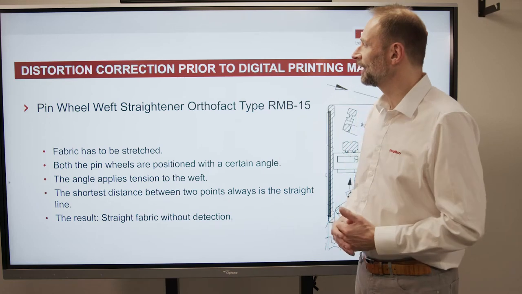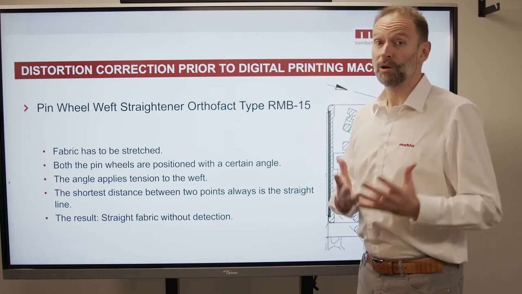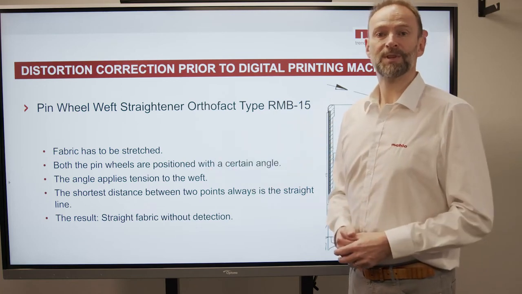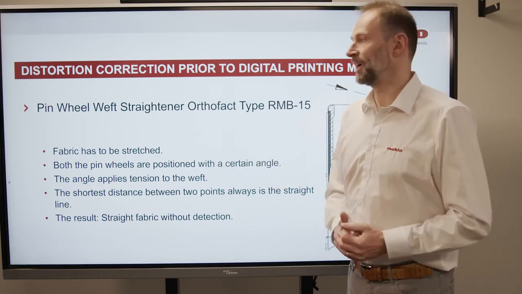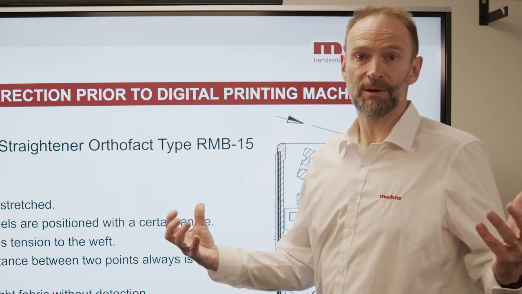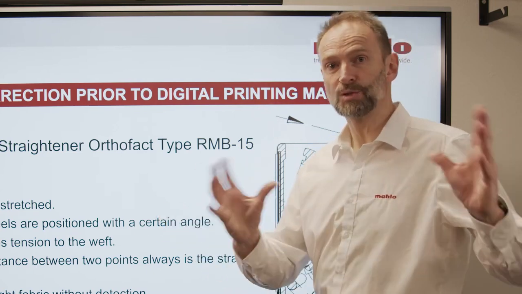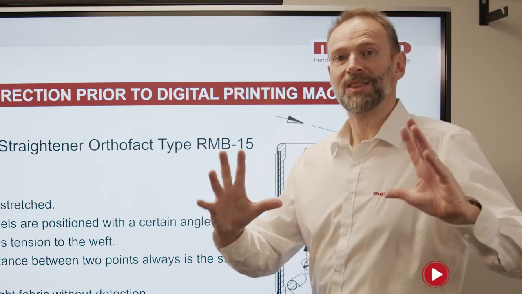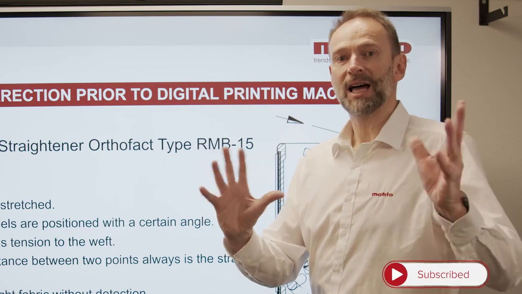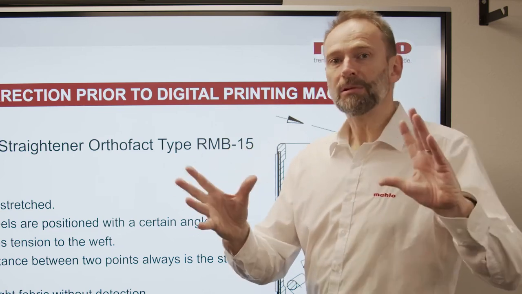So our solution for a proper straightening within the digital printing is the pinwheel straightener. Pinwheel straightener is stretching the fabric. We do have two pins. This is where the name comes from. And these pins are actually stretching the fabric, and they are freely operable to each other.